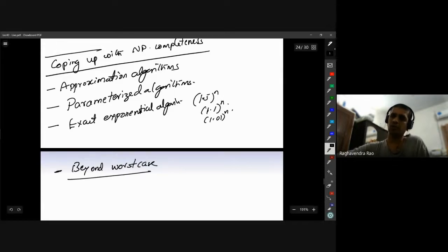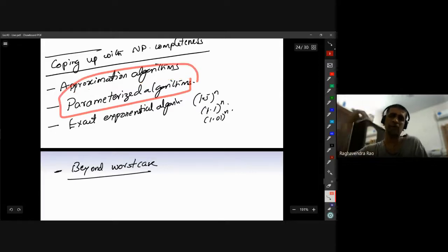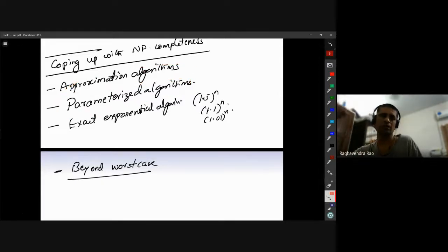Approximation algorithms and parameterized algorithms are now mainstream, and you will see a huge amount of literature there. Beyond worst case has takers, but it's a bit difficult to do.